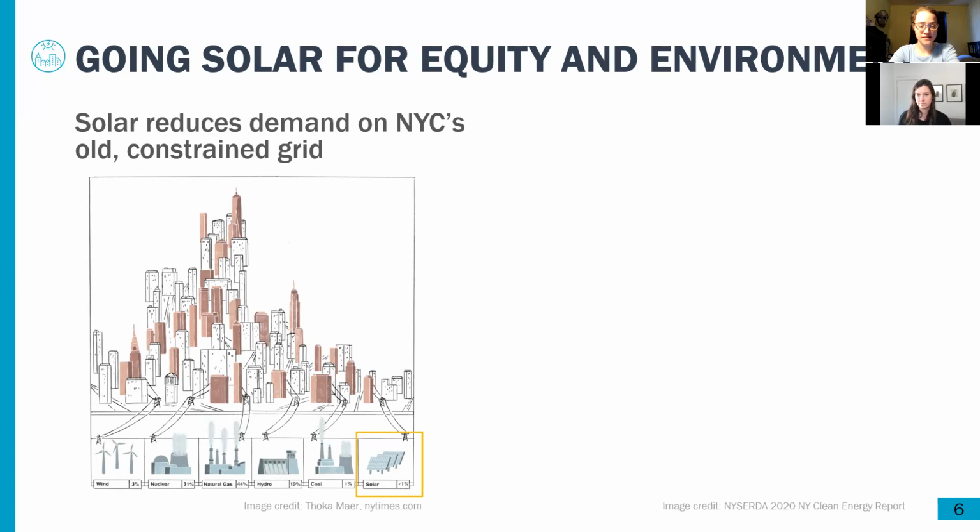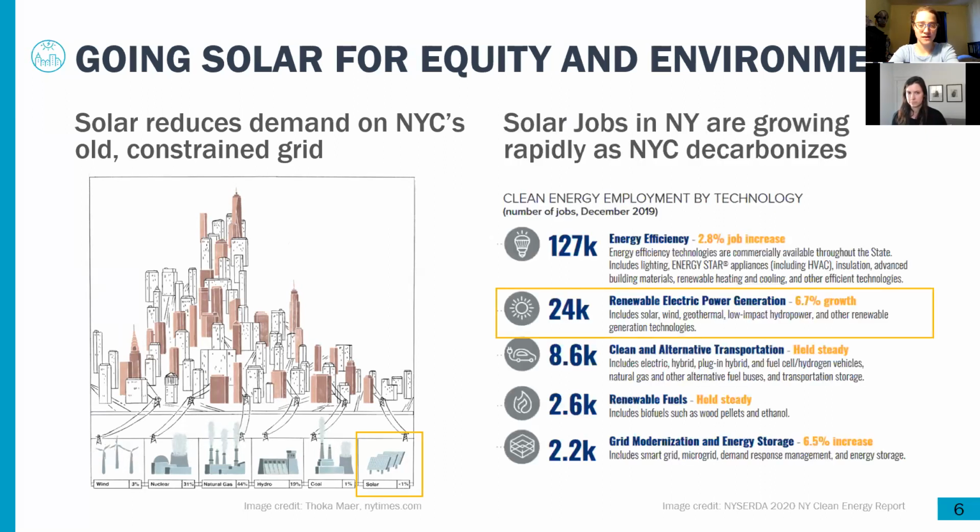And upstate, there's more hydro and nuclear, so the energy mix is more balanced. But in New York City, particularly, it's actually 70% fossil fuel, so gas, oil, and then a little bit of energy from upstate. So it's even more important in New York City to get more renewable energy on the grid.